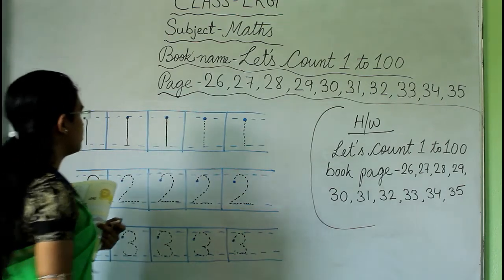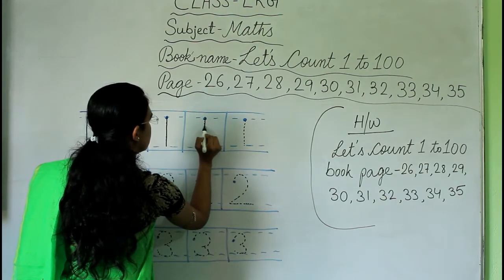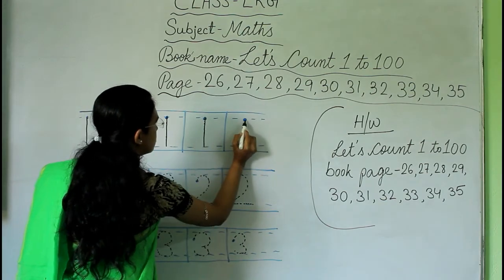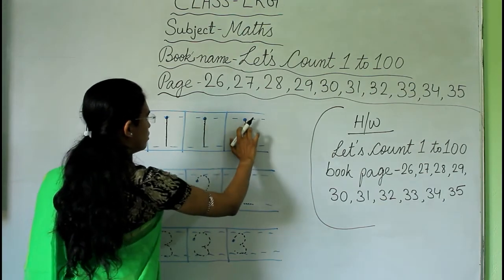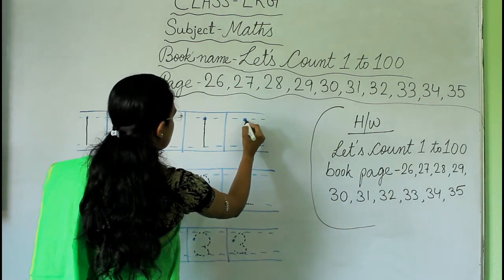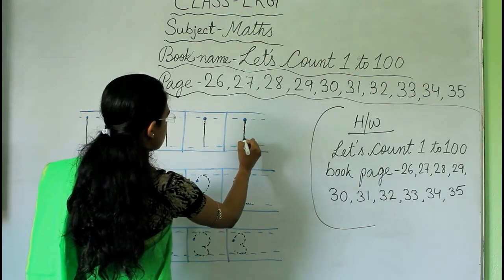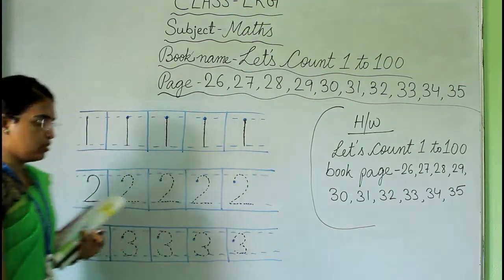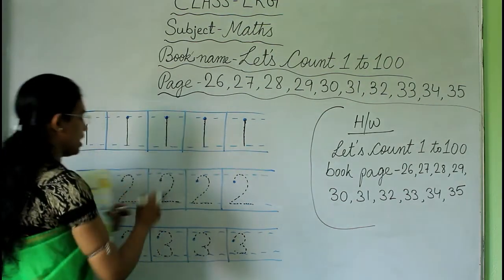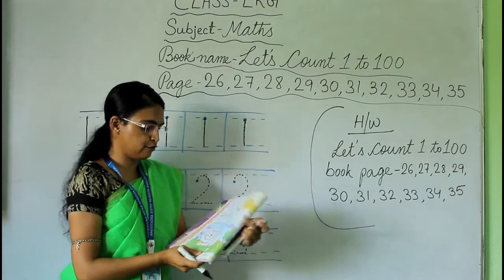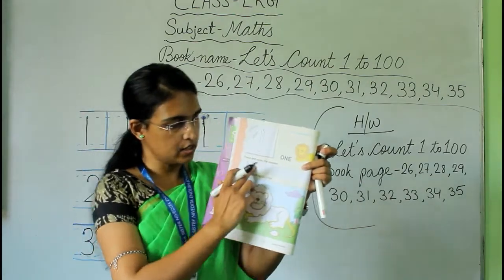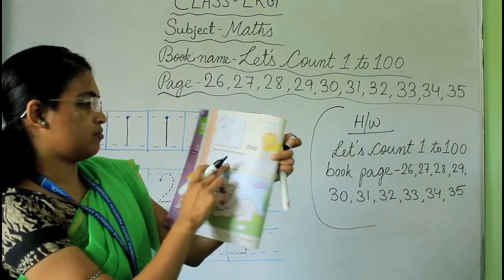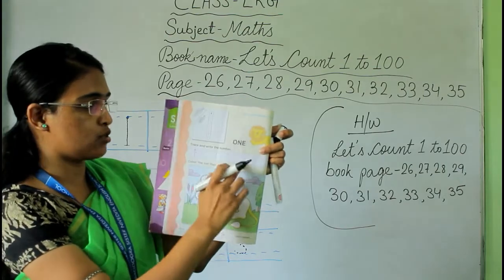This is number 1. And when you are tracing the numbers, always read and write. Okay. Now this is number 1. In this way, you have to trace all these numbers.